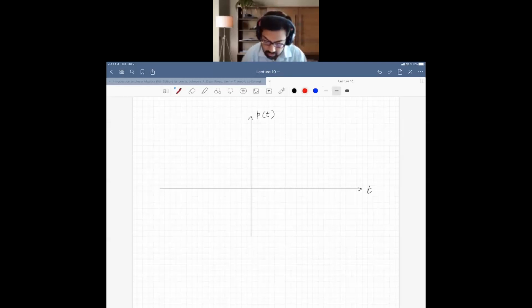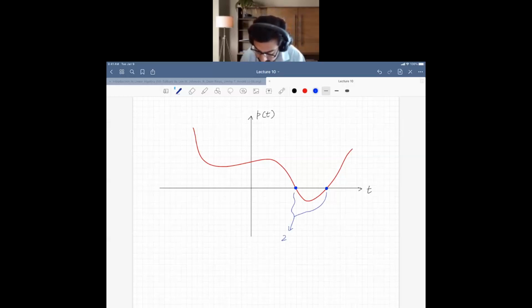Now, if this has some shape like that, then you know that these are going to be your two real eigenvalues, where p of t goes to 0. So the solutions over here are real.